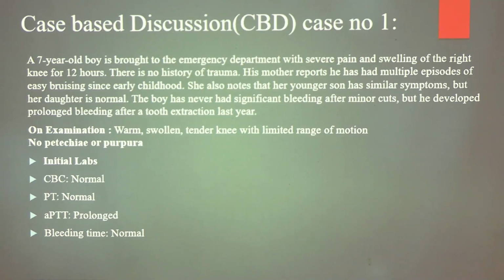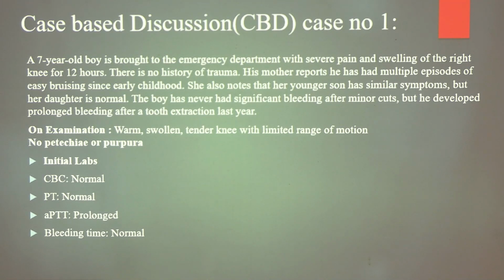She also notes that her younger son has similar symptoms, but her daughter is normal. The boy has never had significant bleeding after minor cuts, but he developed prolonged bleeding after a tooth extraction last year. On examination, there is a warm, swollen, tender knee with limited range of motion. No petechiae or purpura.